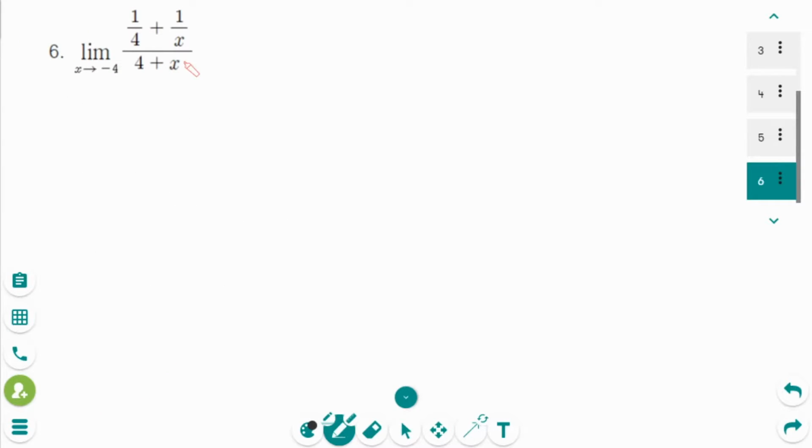Here is the next question. This is a complex fraction with a 0 over 0 form. To make a complex fraction into a single fraction, we need the least common multiple of the numerator and the denominator. That number is 4x. So multiply each side by 4x.